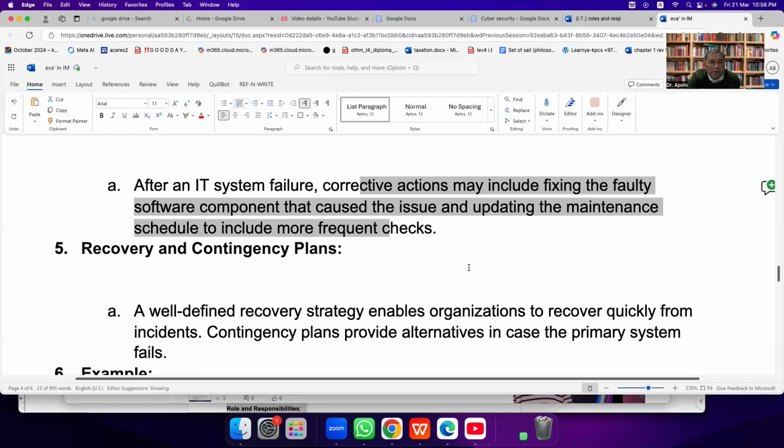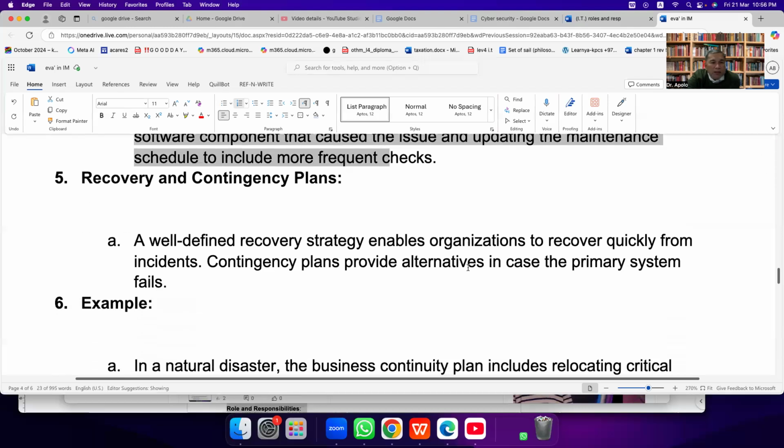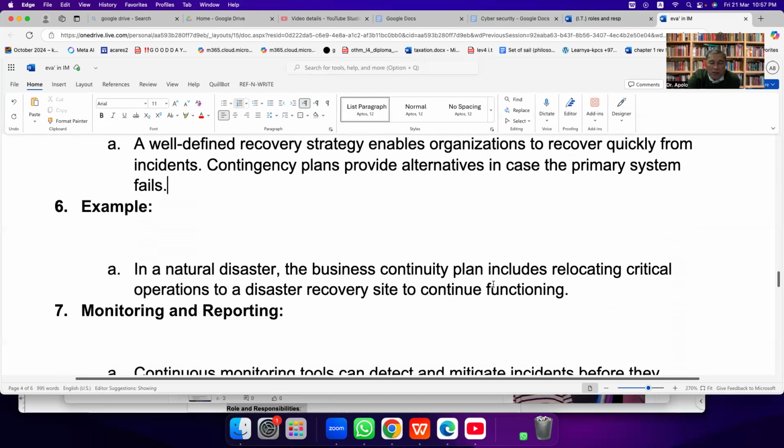Then the recovery and contingency plan: a well-defined recovery strategy enabling organizations to recover quickly from incidents. Contingency plan, that is plan A, plan B. If something fails, what will be the next? Provide alternatives in case the primary system fails. Normally backup.